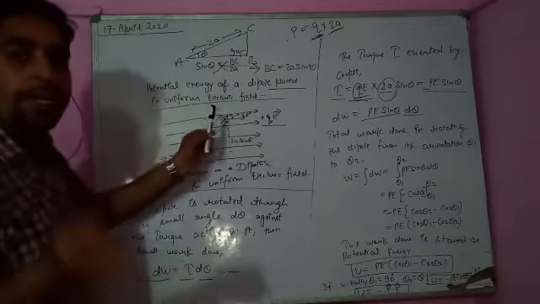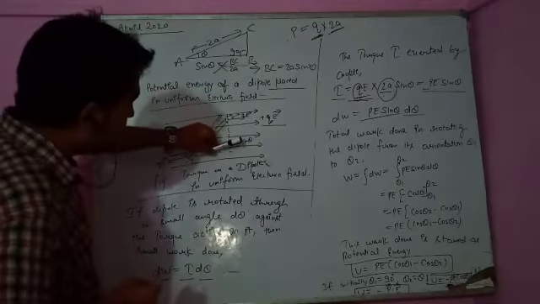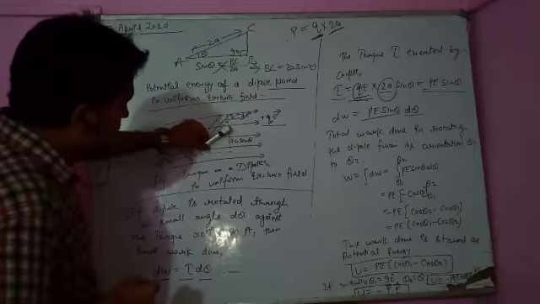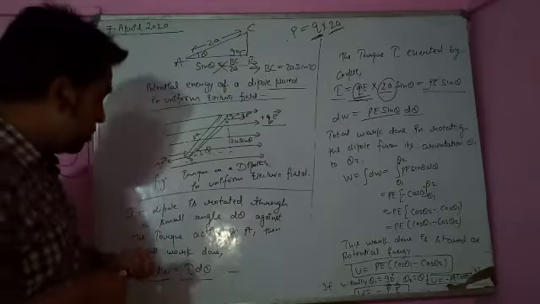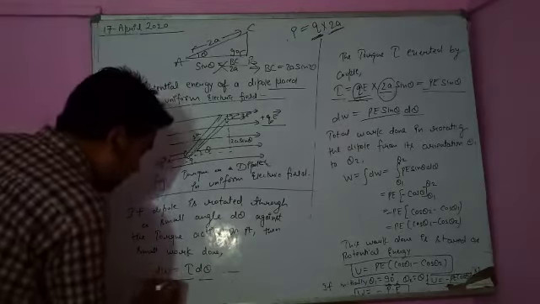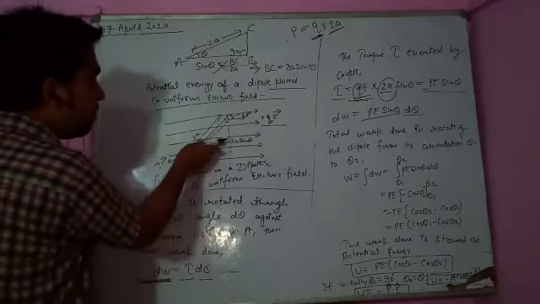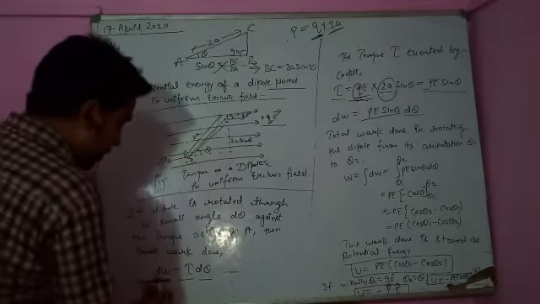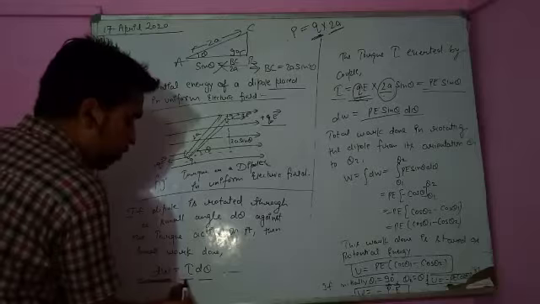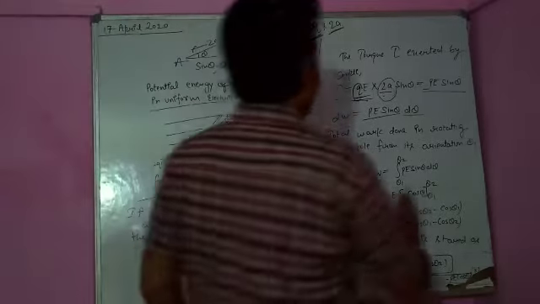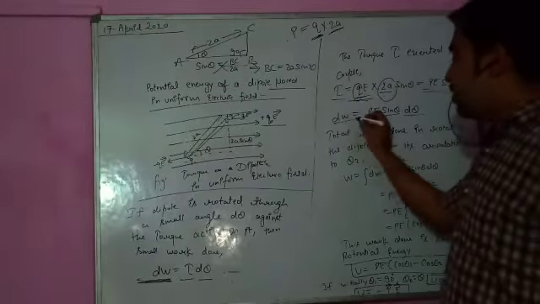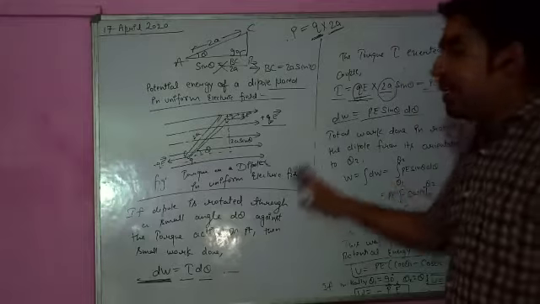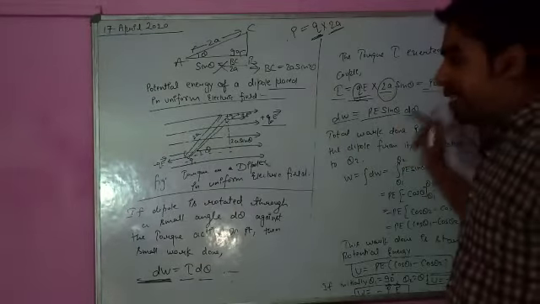That is why we are breaking it into parts, taking a very small displacement, which we consider d theta. So the small work done to rotate it by a very small angle d theta is dW equal to tau d theta. Now let us substitute the value of tau. So dW is equal to PE sin theta d theta.